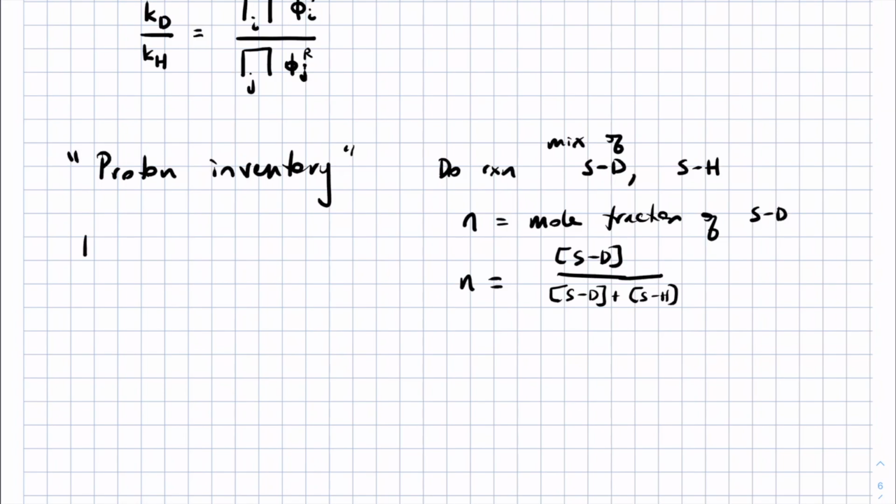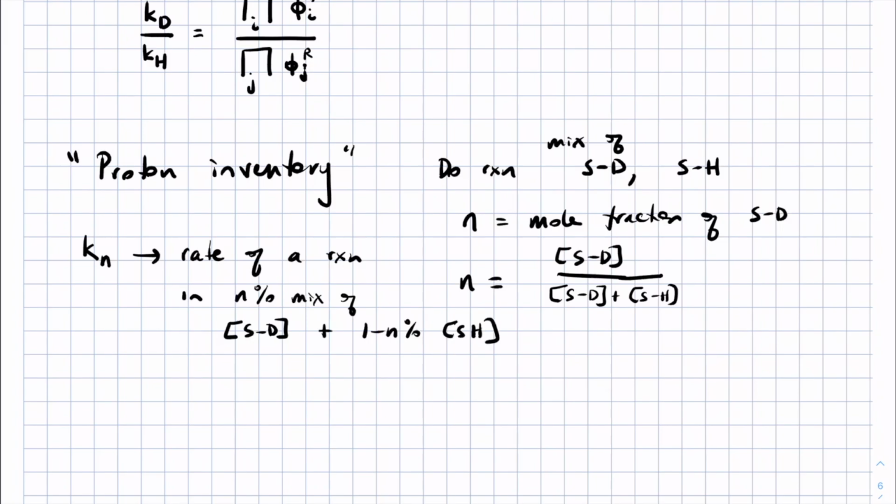Then the rate constant that we measure for our reaction, Kn, is the rate of a reaction in an n% mix of deuterated solvent plus 1 minus n% proteated solvent.